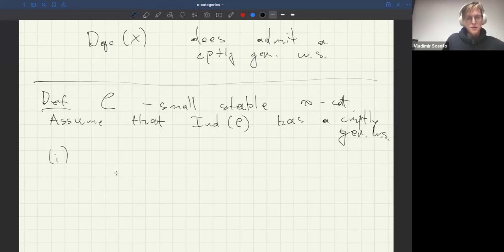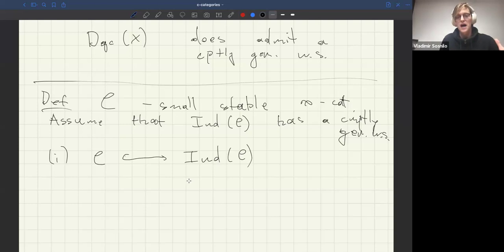So now we can consider two conditions. The first condition is that if we look at the Yoneda embedding of C into Ind of C, this embedding lives inside bounded objects.